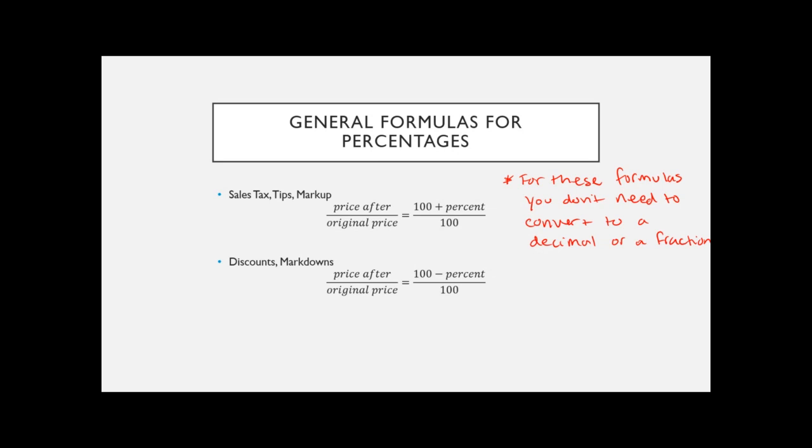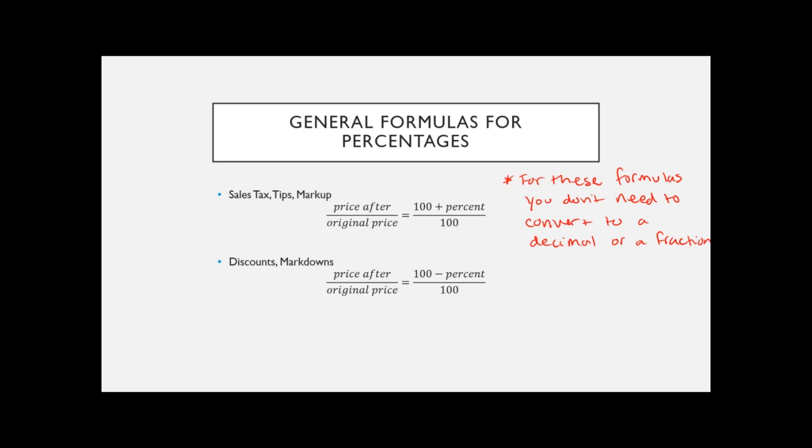So the discount and markdown formula is very similar, because it's essentially the same formula, but now you're subtracting, because when you're getting a discount, you're not paying the full 100%, you're paying less than that. So if you get 10% off, you're actually paying 90% of your price because you're subtracting that 10%.